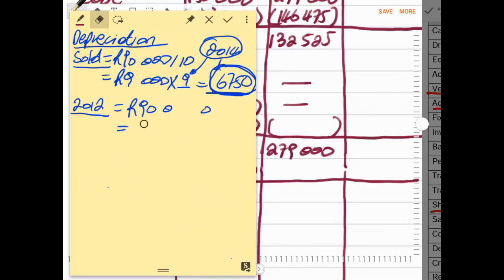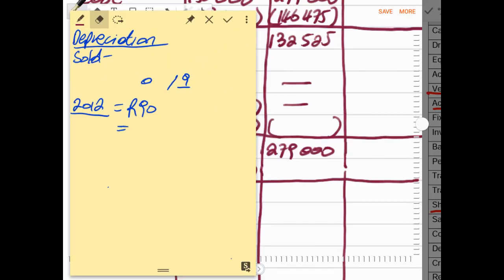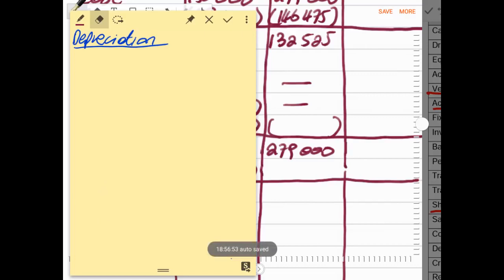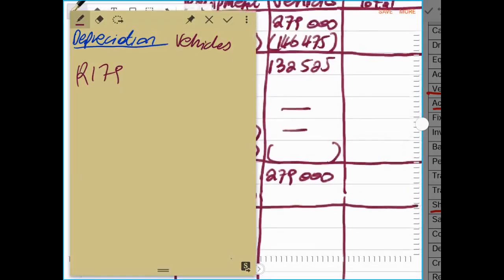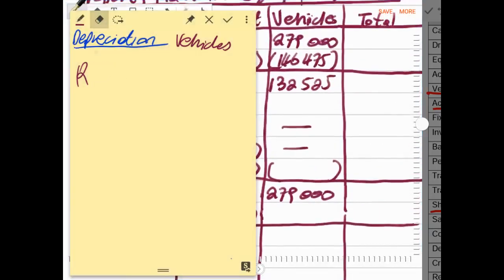So now let us account for that depreciation for the vehicles. Our vehicles, we know that their cost is, is it 179 or 270? Okay, sorry, it's 279,000 rands, minus accumulated depreciation of 146,475.